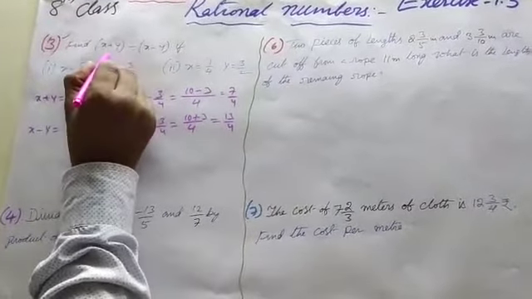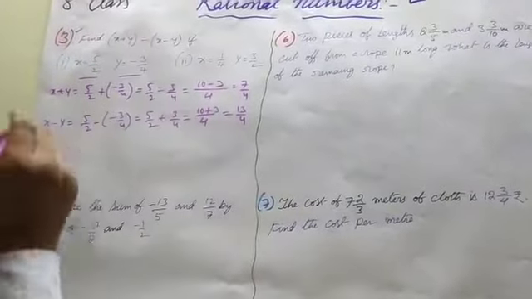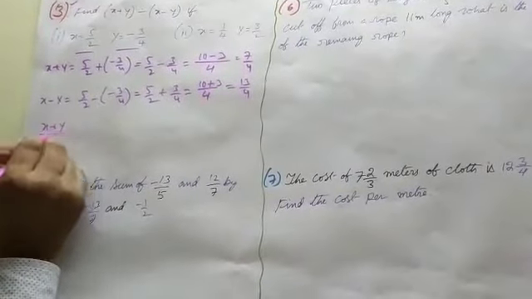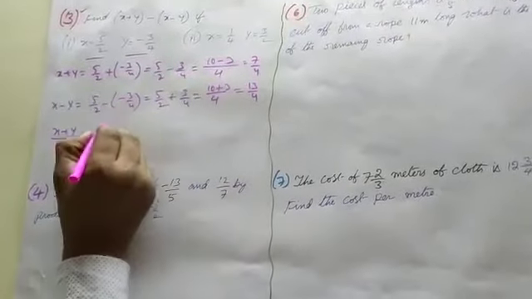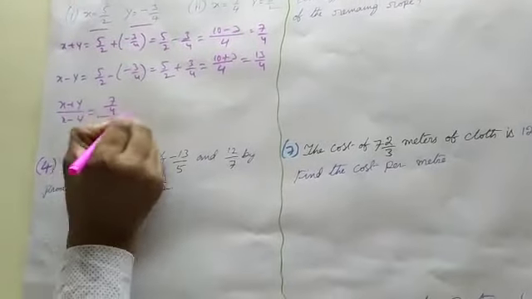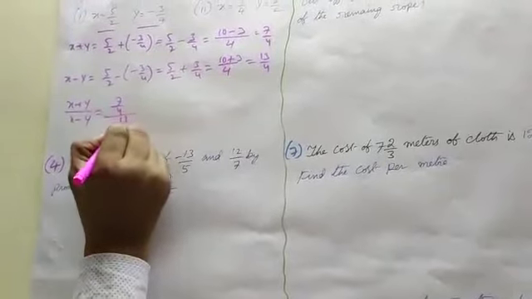What is the condition? x plus y divided by x minus y is equal to what? x plus y is 7 by 4, all divided by x minus y, 13 by 4.